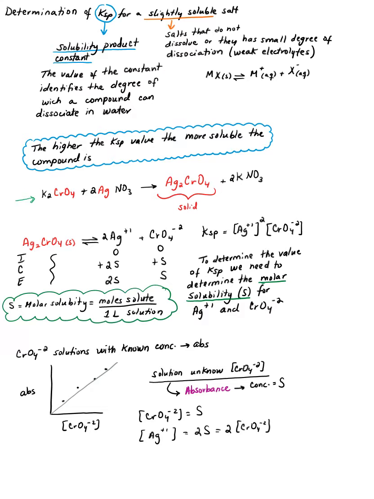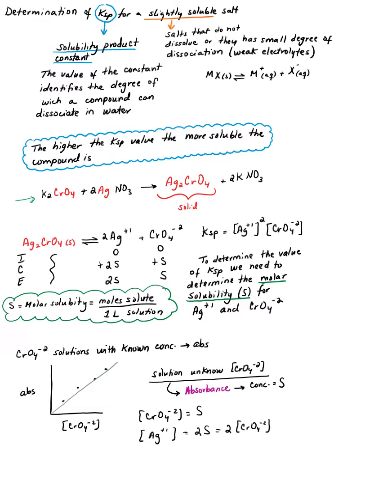Silver chromate is an insoluble compound. It's insoluble in water. So that's the actual compound that we're forming, and then we're trying to dissolve it to determine the concentration of the ions in solution and finally calculate the Ksp value.